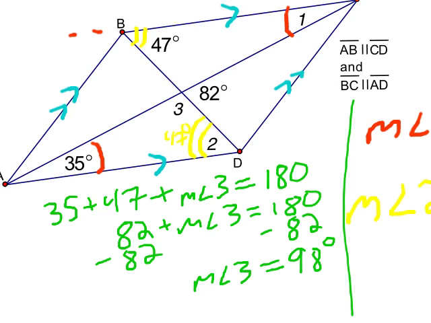Not a very good band, but 98 degrees nonetheless. So we've found all those angles. Think about this: what's another way we could have found angle 3 if we used 82? Check that out.